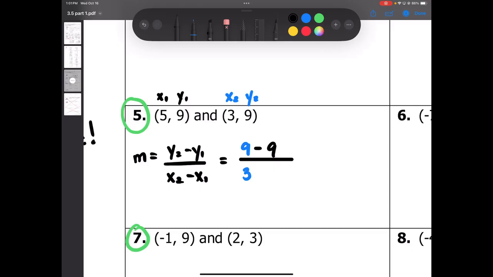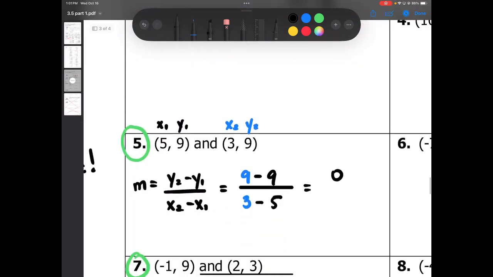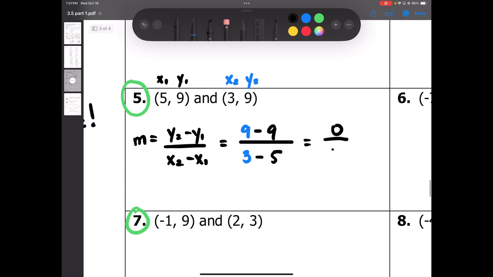Read it carefully, please. Minus x1, 5. What's 9 minus 9? 3 minus 5. Okay, so what's that equal to? 0. Done.